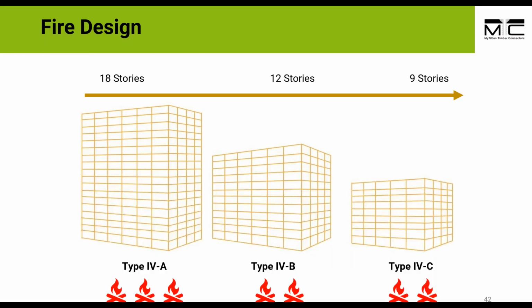So to summarize, the new IBC 2021 allows for an increase in the building story height using mass timber up to 18 stories. The fire resistant ratings for these new types of buildings should be at least 2 hours.